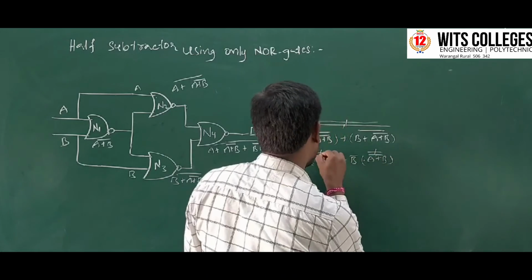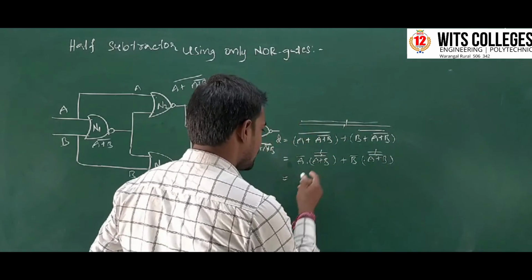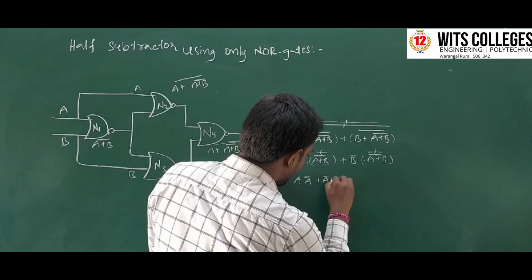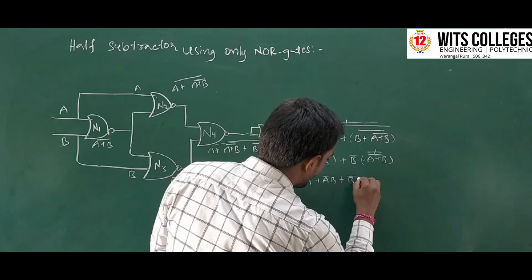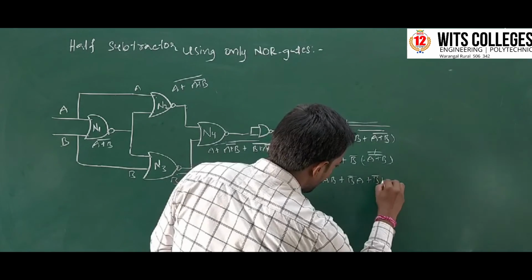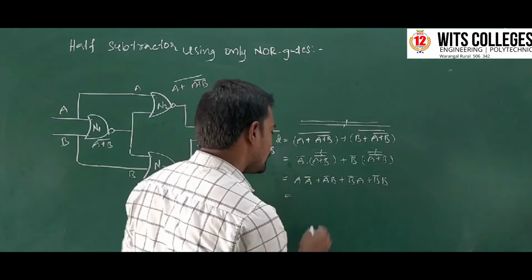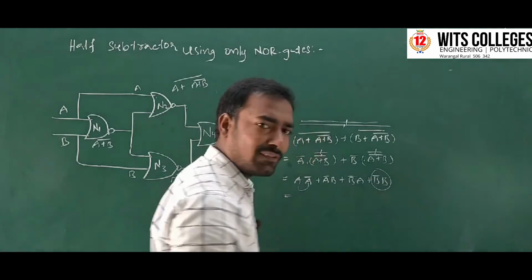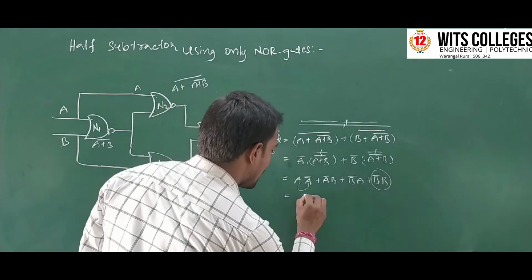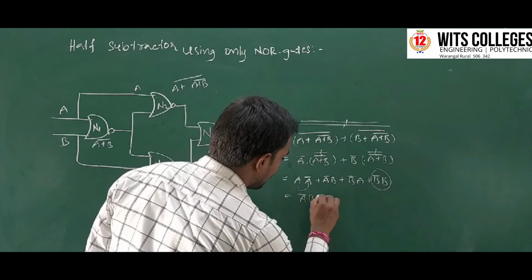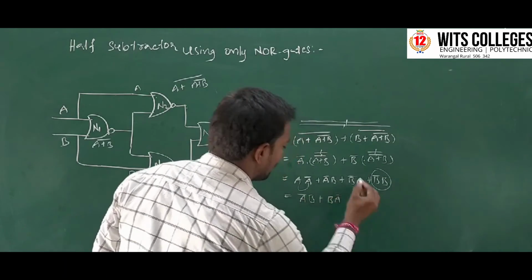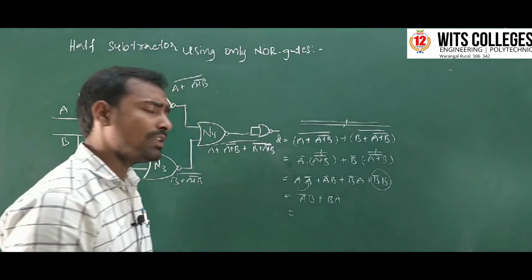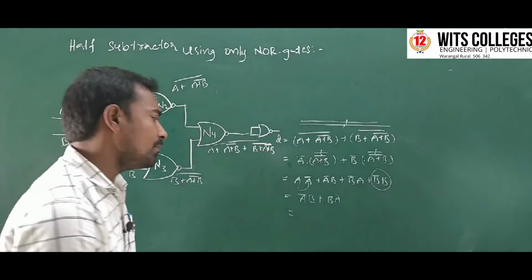Okay, here both complements are cancelled, and that is equal to A into A bar plus A bar into B plus B bar into A plus B bar into B. That is equal to, here, A into A bar and B into B bar, both are equal to 0. And finally we have the expression A bar B plus B into A bar, that is A bar B plus B bar A.